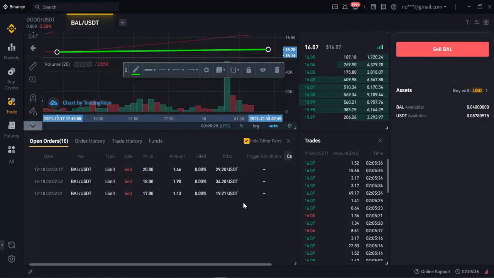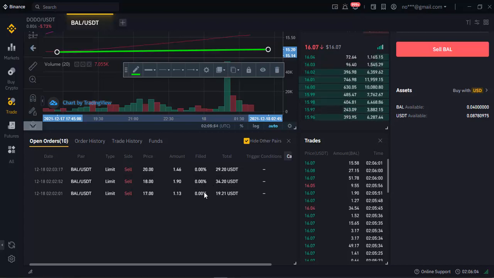Everything will give you 82.61 USDT, which means we have made a little gain after selling this. We have made something like 9.61 USDT. That's going to be our profit if we wait until this gets executed.